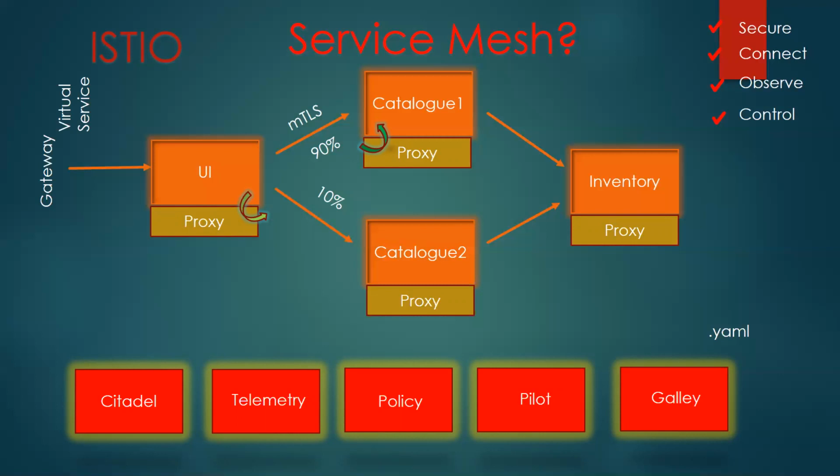A virtual service creates the virtual path. It decides where to route the traffic inside the cluster. And the third one is destination rules. Destination rules are basically the actual rules which decide where the traffic should be routed.